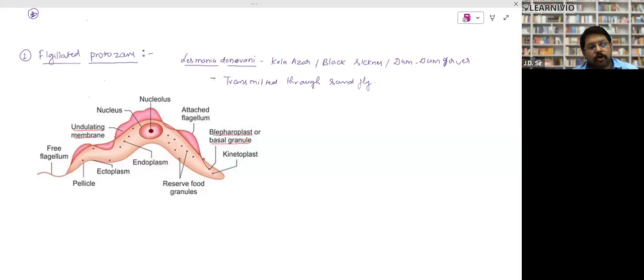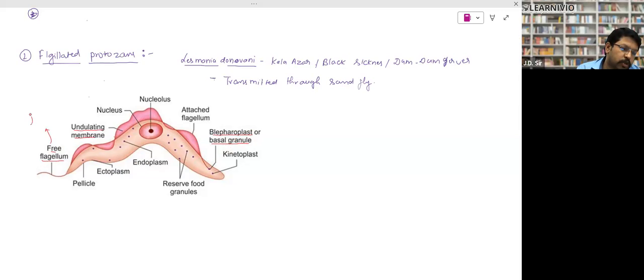I have already told you that if any organism, either plant or animal, has flagella, the flagella originate from a root-like structure called the basal granule or blepharoplast, right? From here the flagellum runs, and along with the flagellum there is an undulating membrane. What is the function of the flagellum?